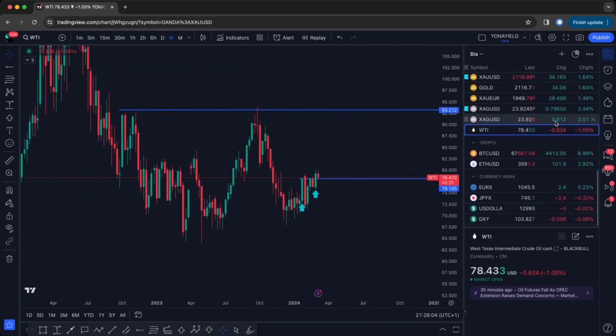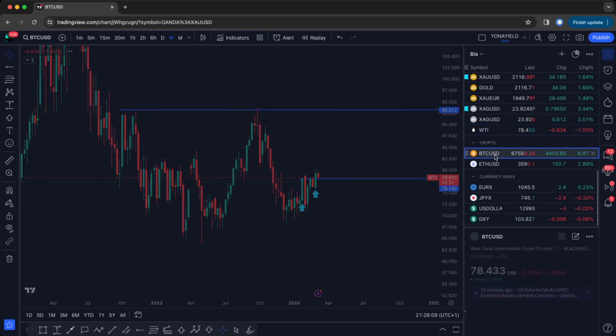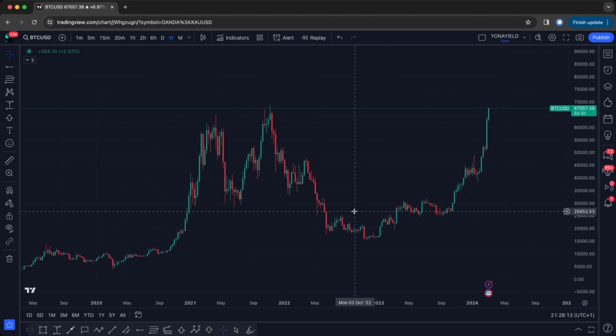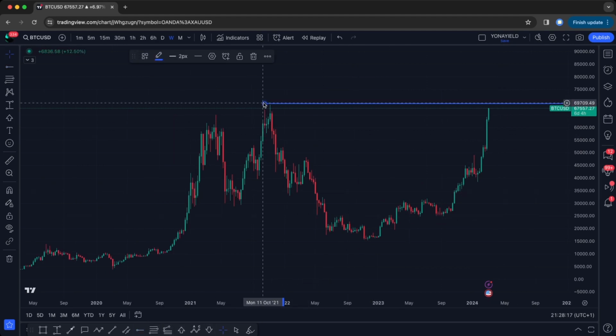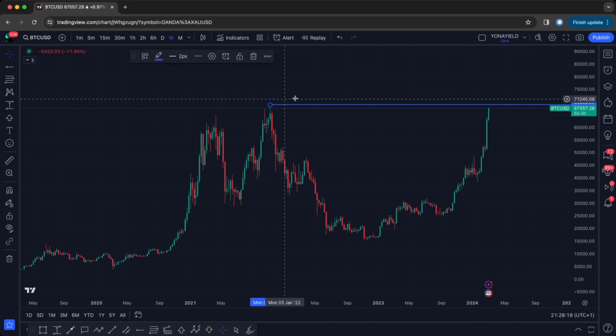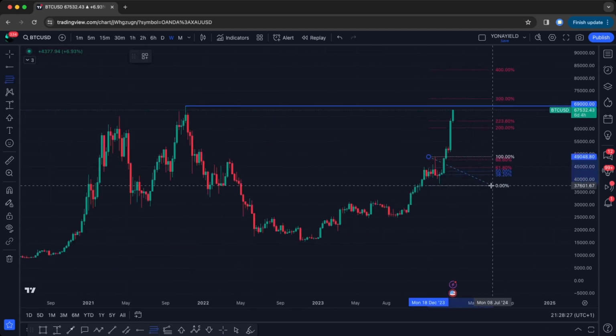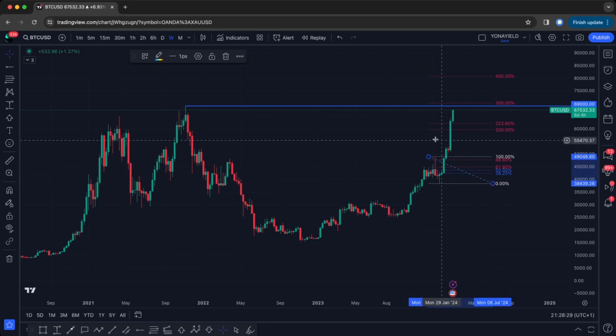Okay, lastly guys, to wrap it up, we want to look at Bitcoin. So let's have a look here. There's not much to look at right here, to be honest. It's just a rocket up. Whoever bought this, congratulations to you guys. So here I'm expecting this top to be washed out, pretty soon actually, and then we can measure out the target as well from the last structure break up.